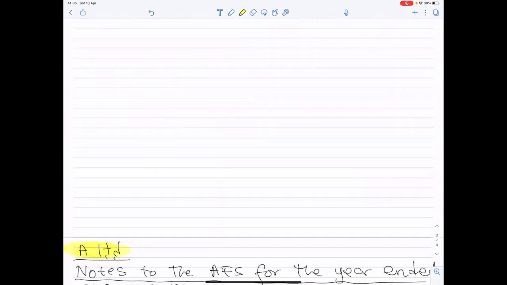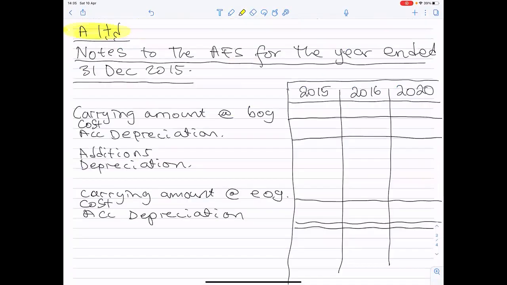So the first question is, the entity has a machine. Where are we going to put that machine in our notes? Some of you were there in the first class.